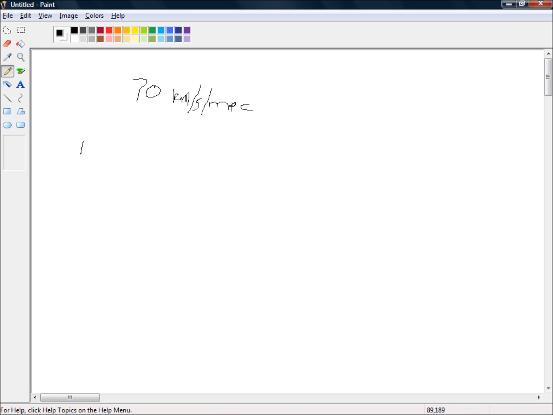So 1 light year is equal to 1 times 10 to the power 13 kilometers, and 1 megaparsec is equal to 3 times 10 to the power 6 light years.